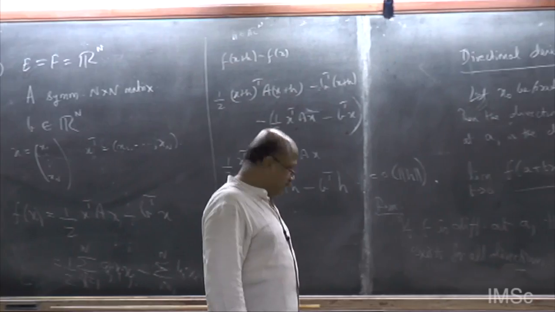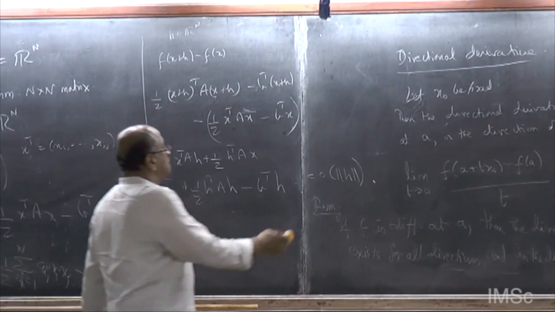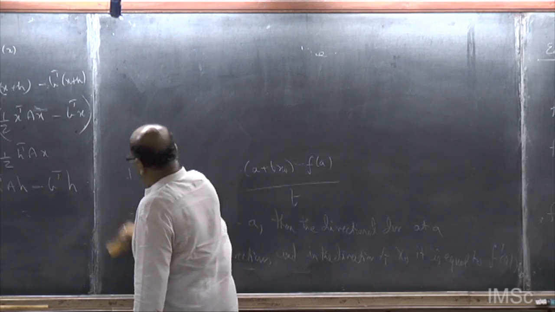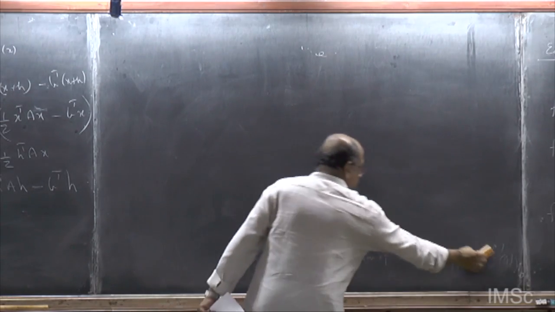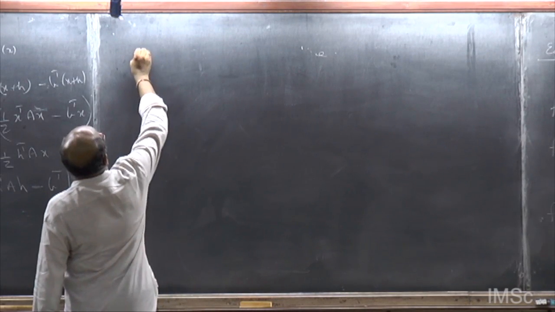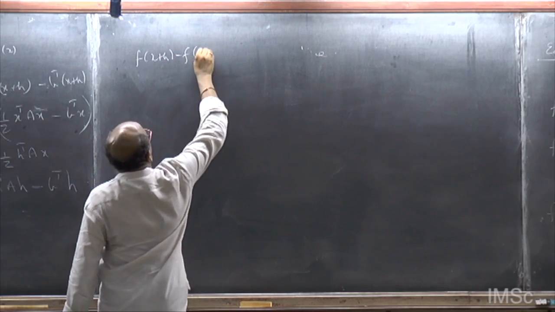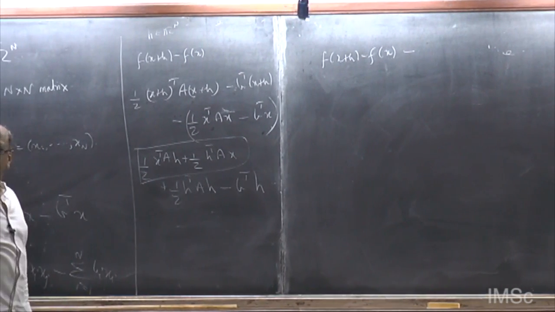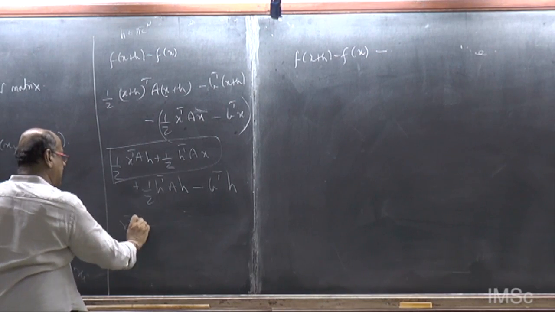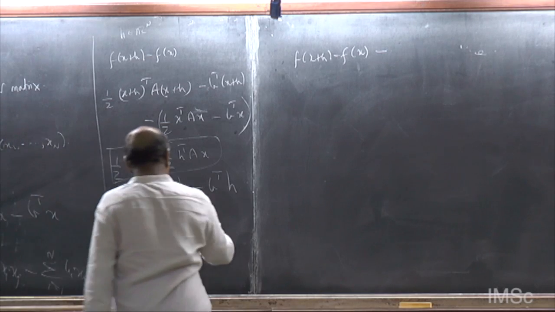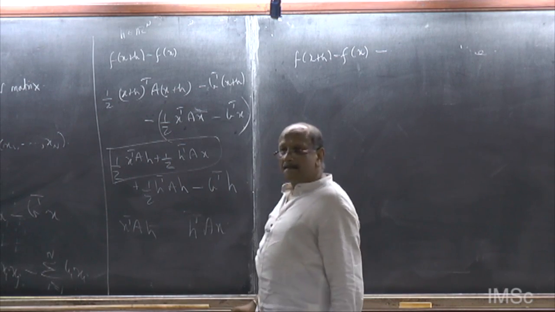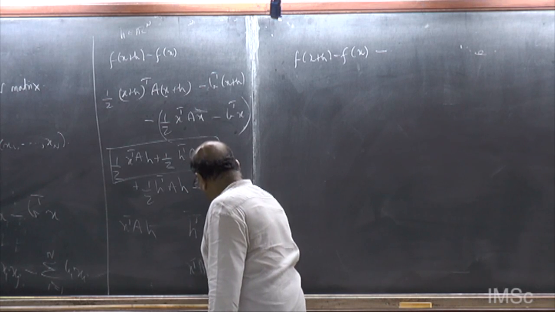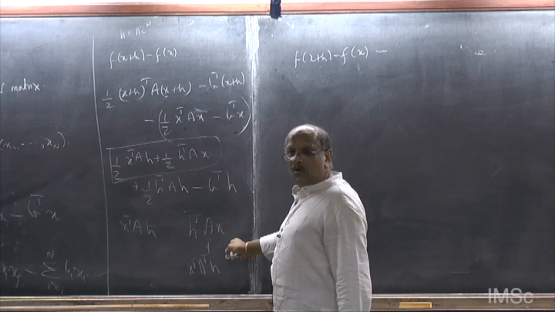So now look at this. So f of x plus h minus f of x minus, now these two terms, x transpose Ah and then you have h transpose Ax, but because A is a symmetric matrix, this is equal to x transpose A transpose h, because it is a scalar, it is its own transpose.